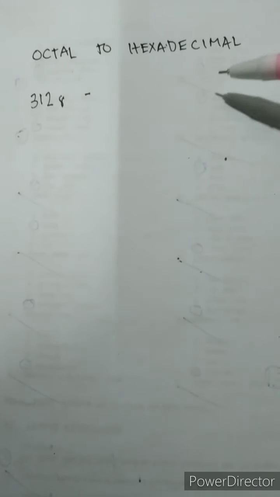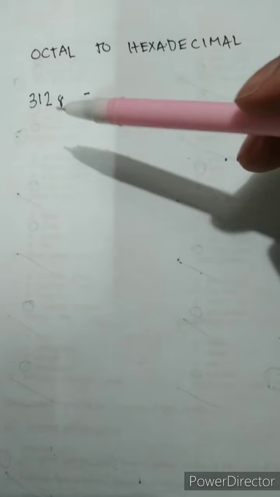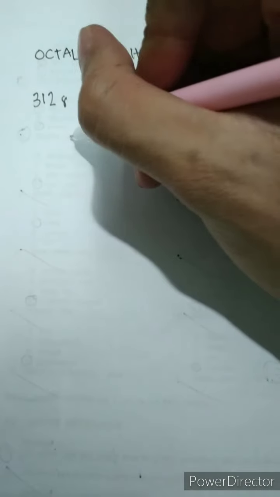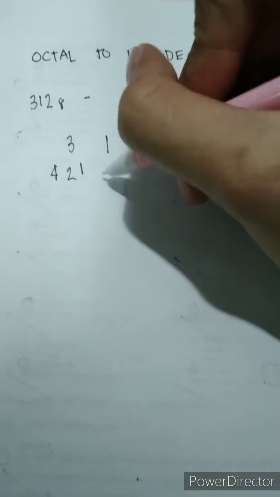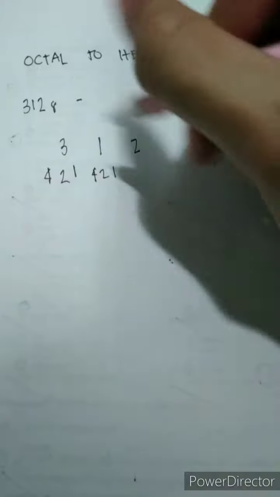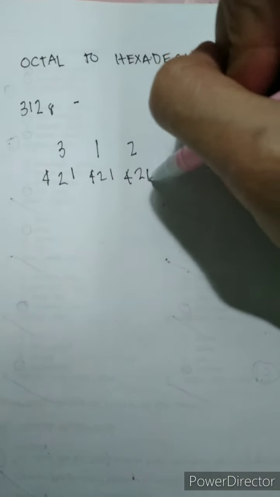So the last conversion that we're gonna do is octal to hexadecimal, and we have an octal value here, which is 312 base of 8. So let's separate them to get the hexadecimal value, and then put 4 2 1 4 2 1 4 2 1.